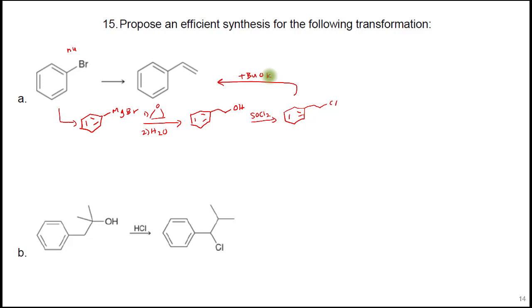So that is one thing that you could do. You could attack ethyl bromide. So you get the ethane there. Put NBS to make a leaving group at the benzylic position. And then do an elimination.